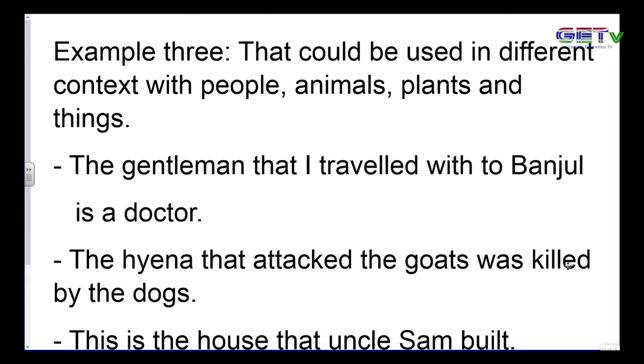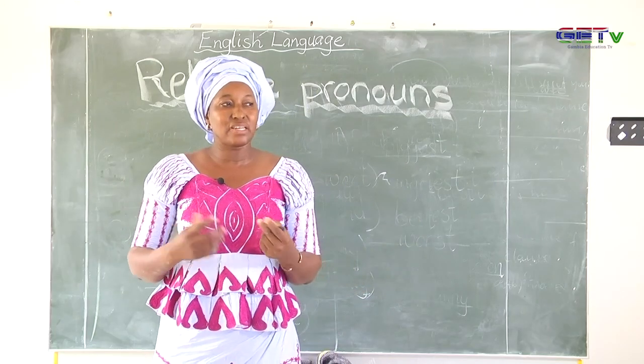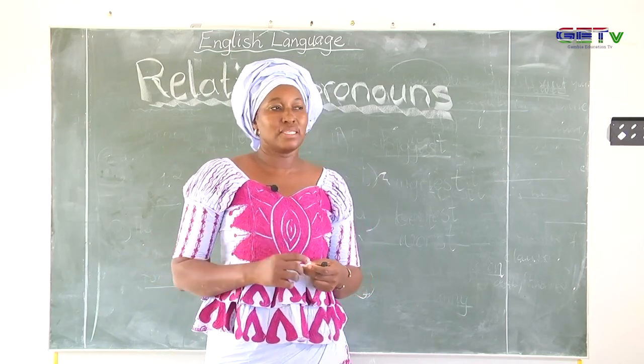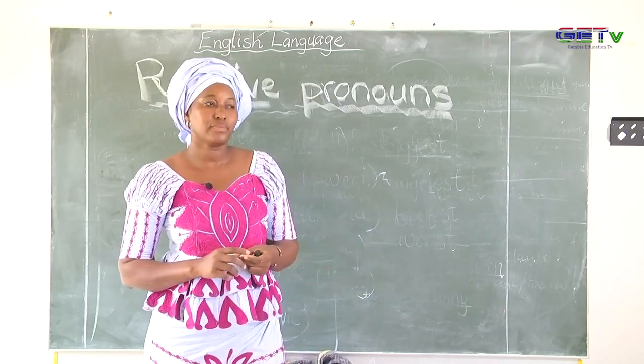And now we move to that. That could be used in different contexts with people, animals, plants, and things. I said that could be used in different contexts with people, animals, plants, and things.